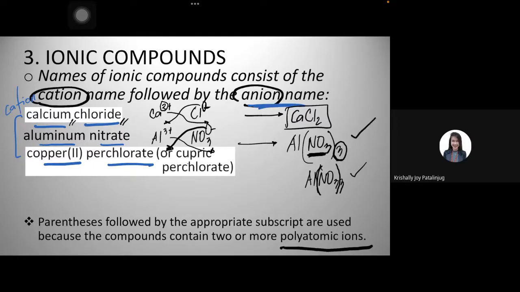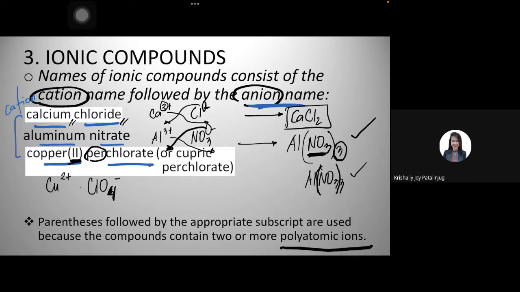And then last, we have copper 2 perchlorate. So copper 2 is Cu2 plus. Obviously, it's Cu2 plus because the given name has a Roman numeral of 2. Perchlorate, from the chlorate ion, a common oxyanion, becomes perchlorate if there is one more oxygen from chlorate.